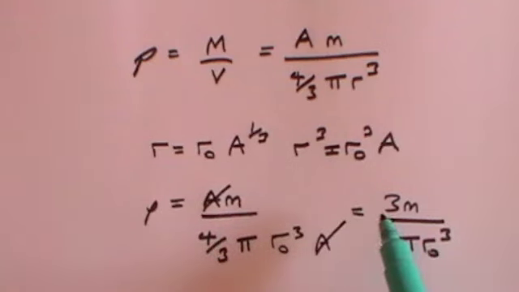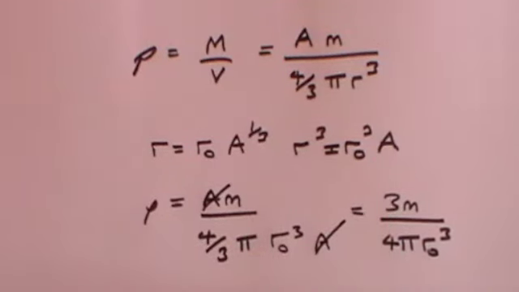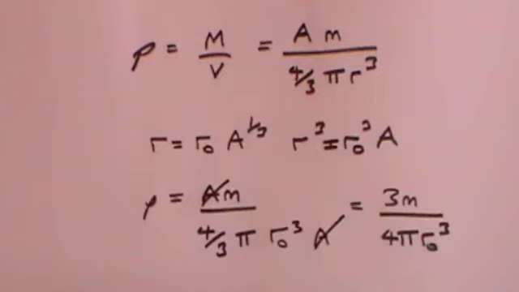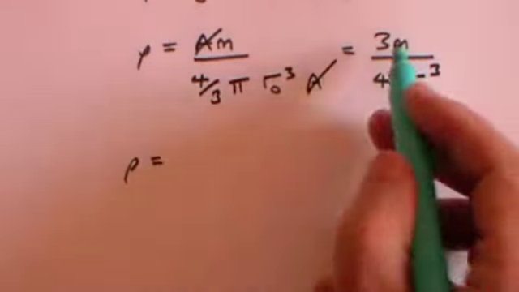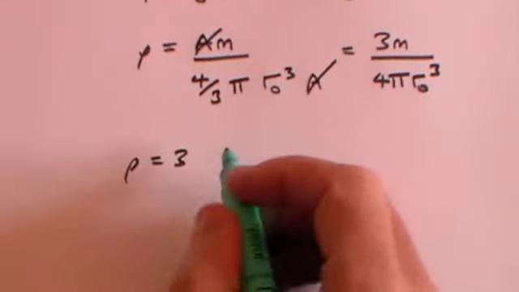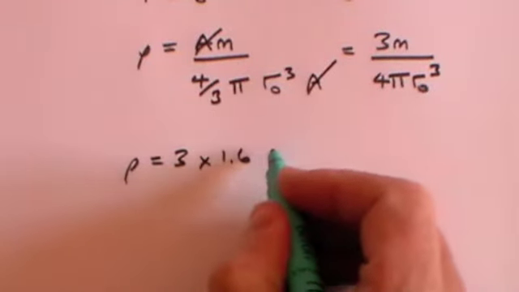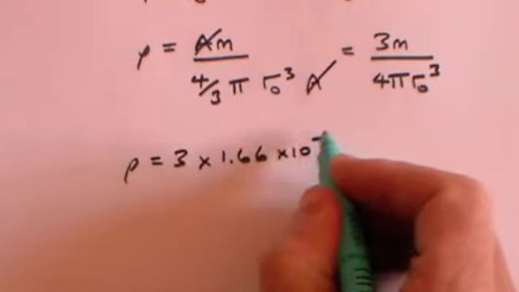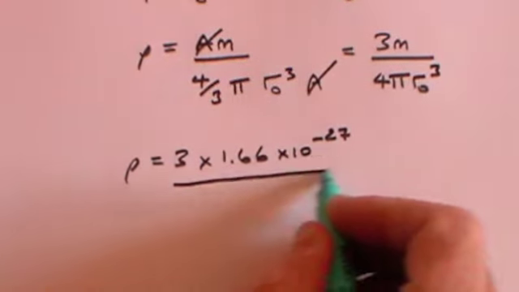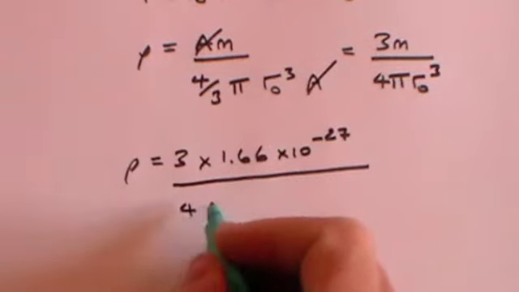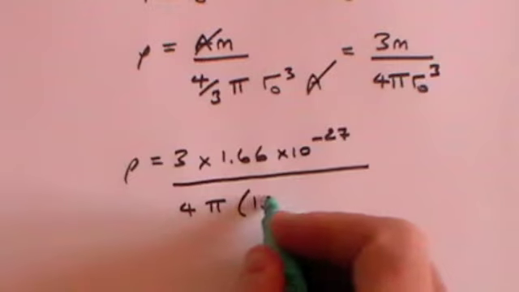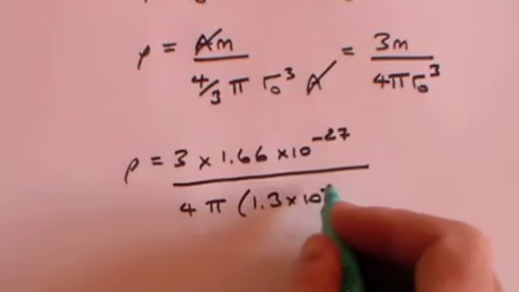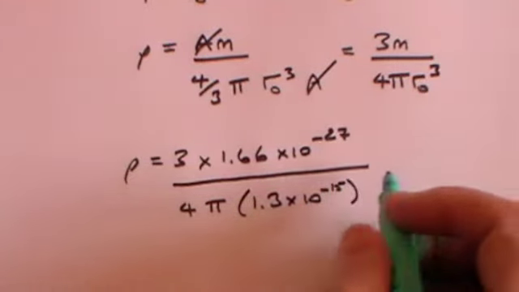The nuclear density is the same for all atoms or all nuclei. And what is that value? Well, let's just work it out. Rho will equal 3 times the value of the atomic mass unit, which is 1.66 times 10 to the minus 27, divided by 4 times pi times R0, which again we'll use 1.3 times 10 to the minus 15, cubed.